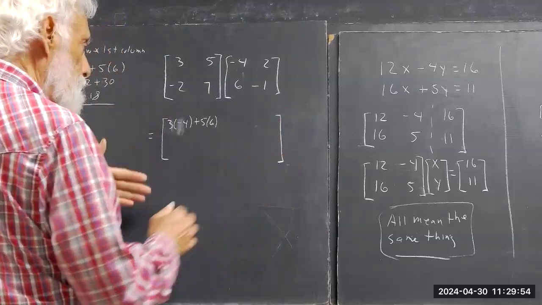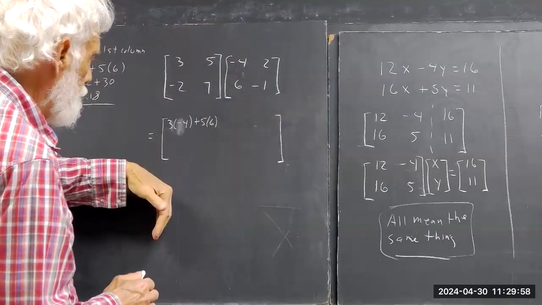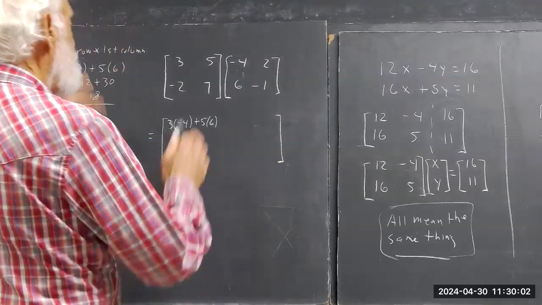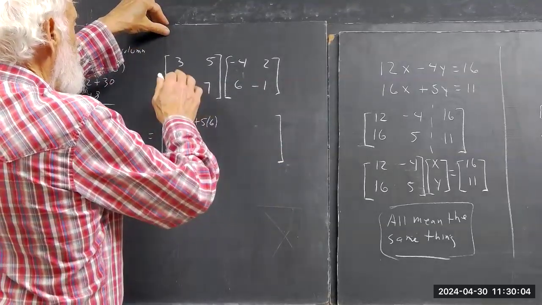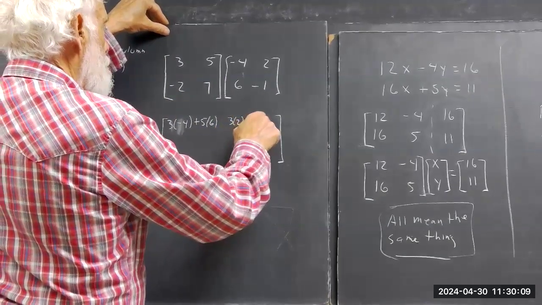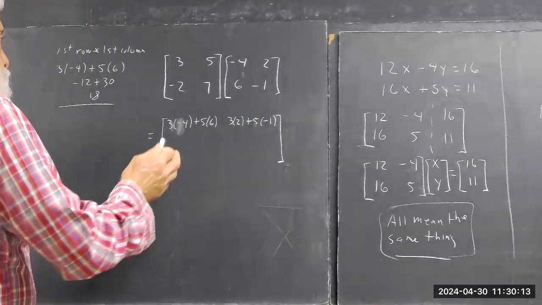So I've got the matrix set up. I've got a first row, room for a column here, room for a column here, and a second row down here. So I do 3 times 2 plus 5 times -1.